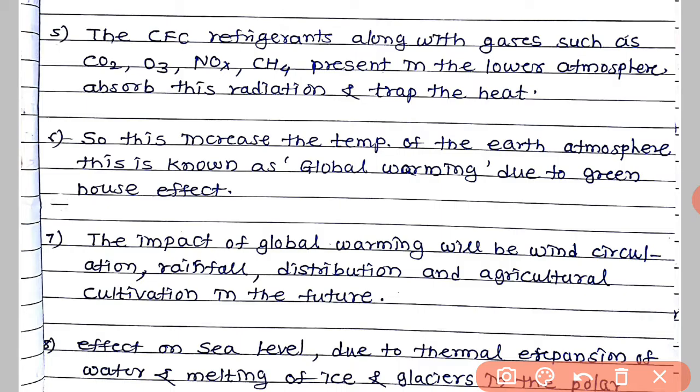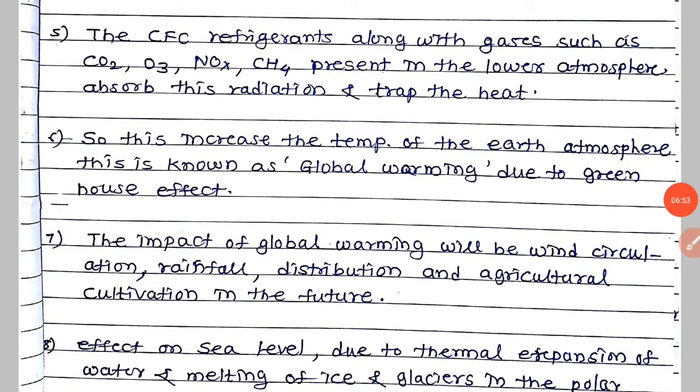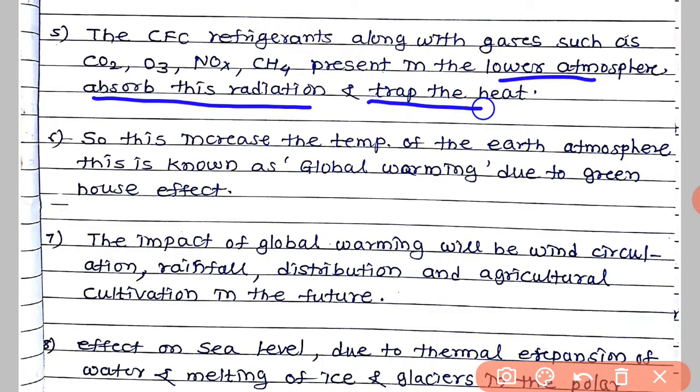So it is necessary that the released radiation must leave the earth, but the CFC refrigerants along with gases such as CO2, O3, NOx, CH4 present in the lower atmosphere near the earth absorb this radiation and trap the heat.